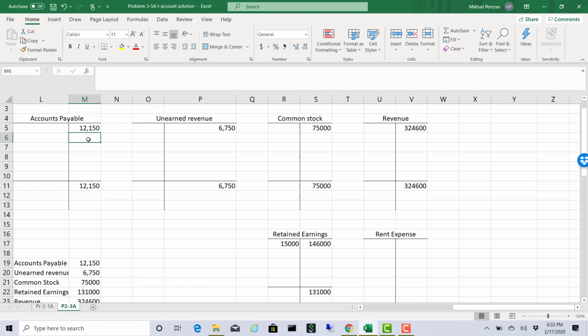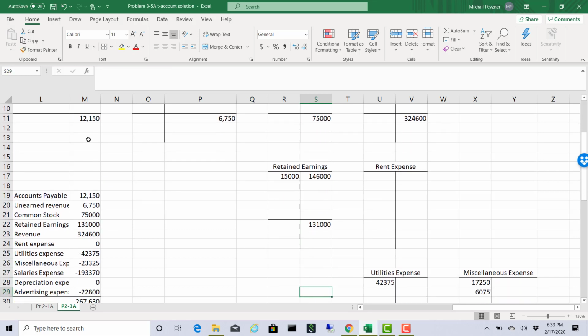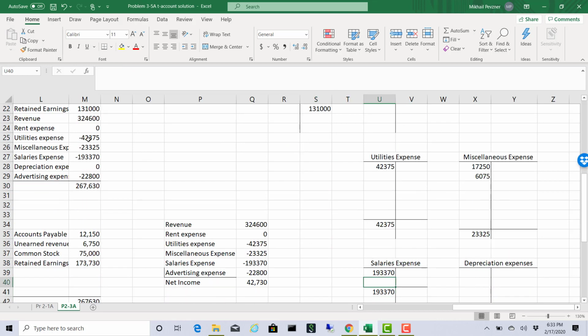Fees earned, that's revenue, 324,600. Okay, I just call it revenue. Then the rest are expenses. So you have salaries and wages, which I put here, 193,370. You have utilities expense of 42,375.